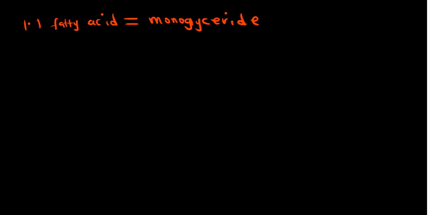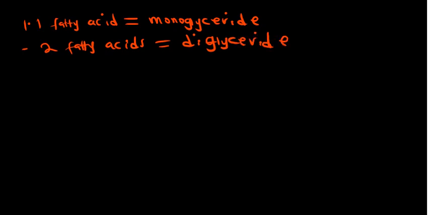If we have one fat acid, this is equal to monoglyceride. Then if we have two, this one is a diglyceride, and if you have three, that's a triglyceride.